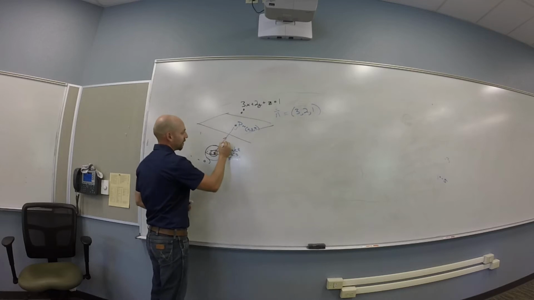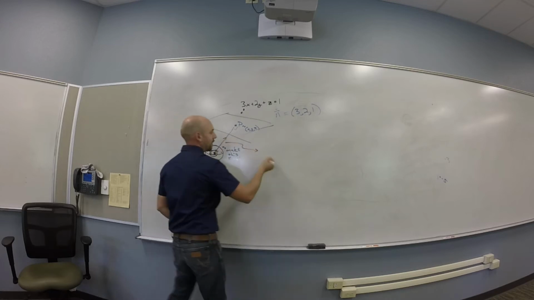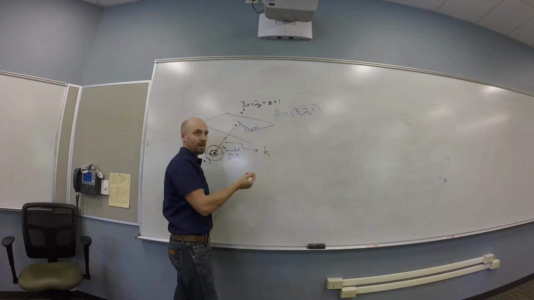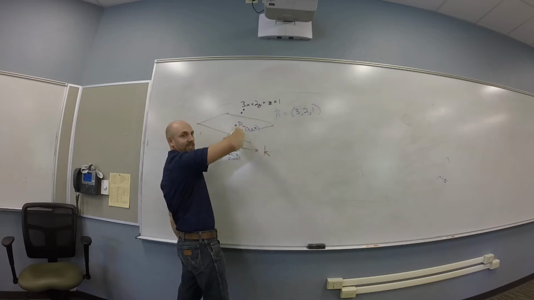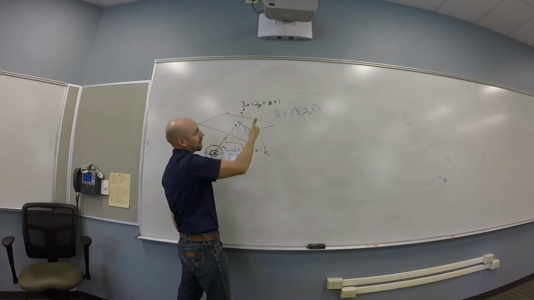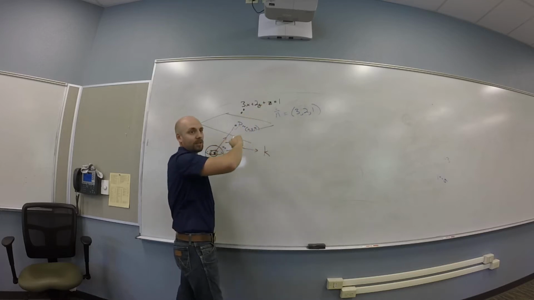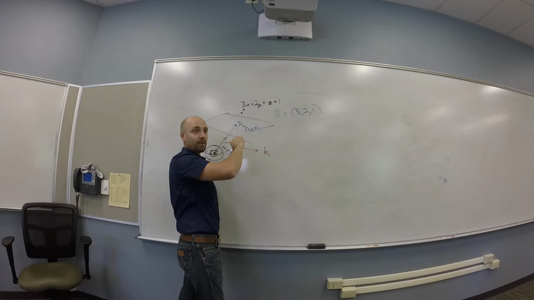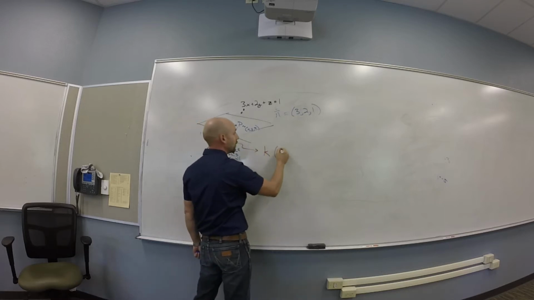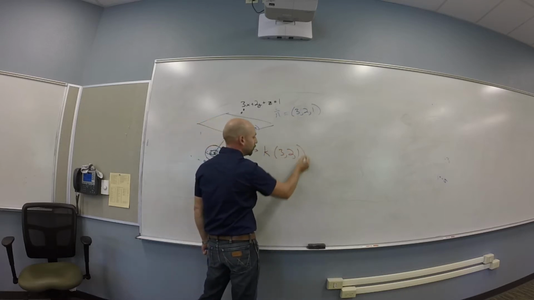So this thing here, the red guy, that's some constant, positive or negative, I don't really know, because I don't know whether this normal vector sticks down or up. It sticks up, but who cares? If the constant's negative, it'll take care of that. So just take some constant multiplied by 3, 2, 1.